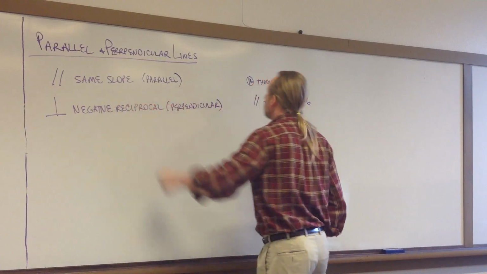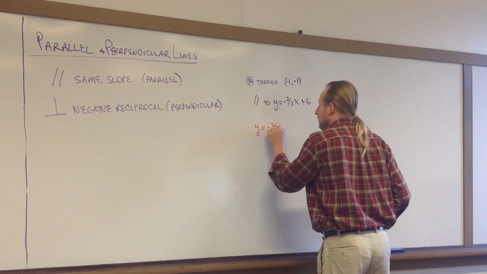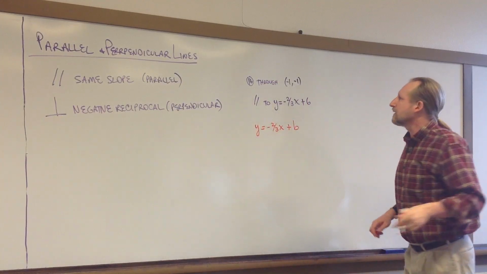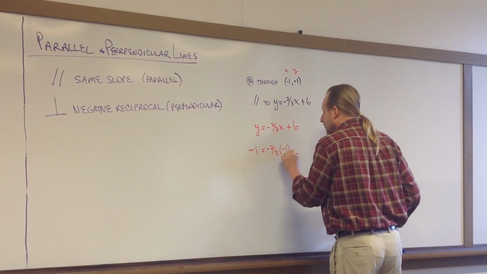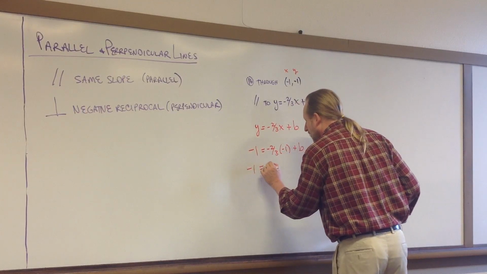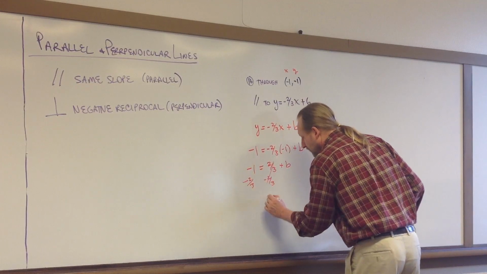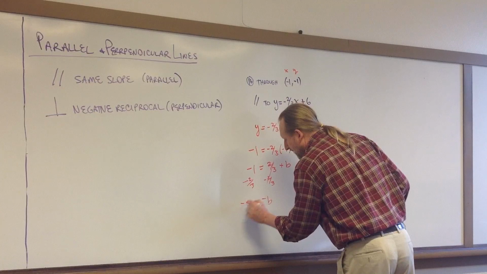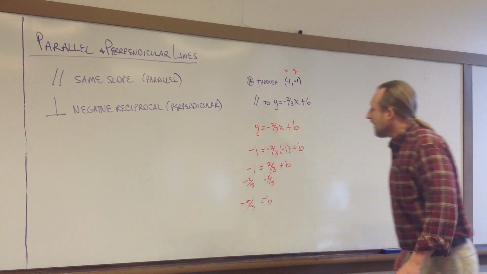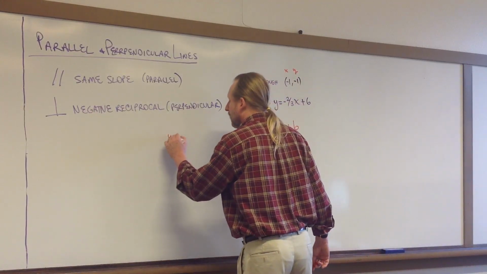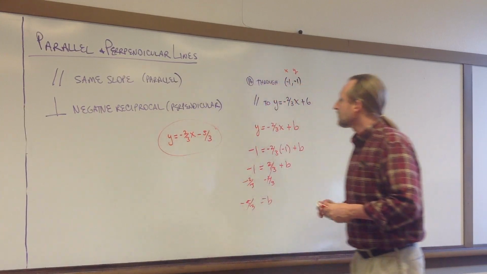Parallel lines will have the same slope, so our line will have a slope of -2/3, but we don't know the y-intercept. So we plug in the x and y values we've been given, and then subtract 2/3 on both sides. What is that going to be? -5/3, or -1 2/3. And so our equation is y = -2/3 x - 5/3.